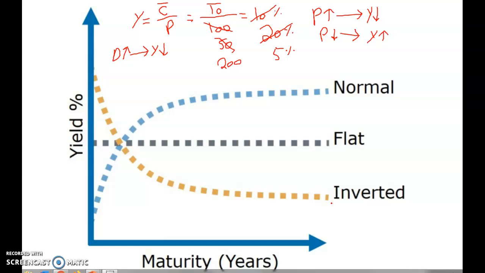When we go into a recession, people expect deflation in the future, not inflation, which means that they actually are going to have a higher yield on short-term maturity loans than on the longer term, because they're going to be getting back money in the future that will have more purchasing power due to the lower prices.